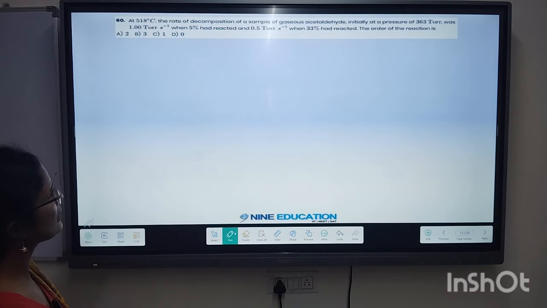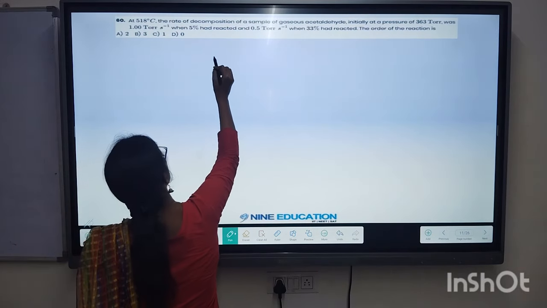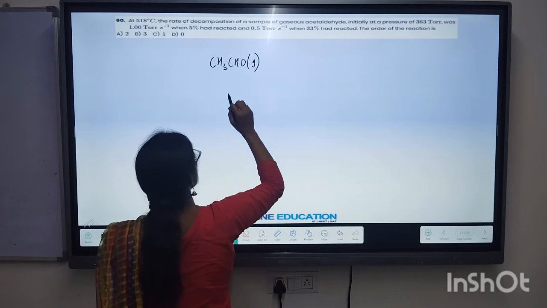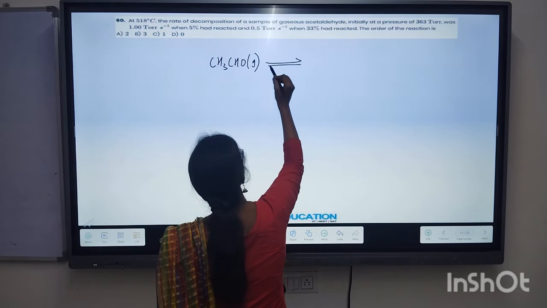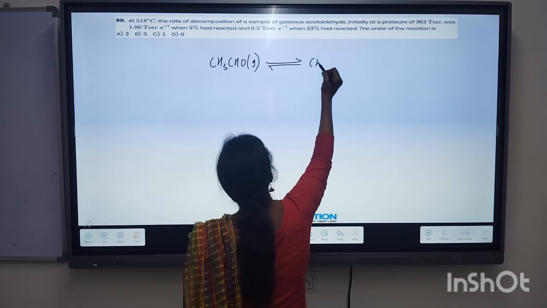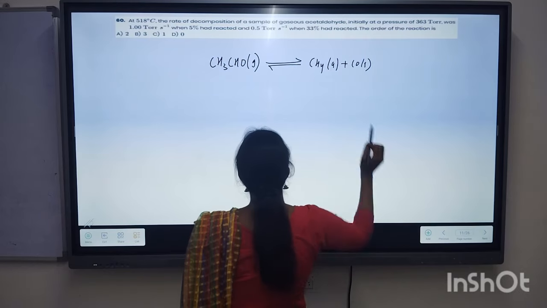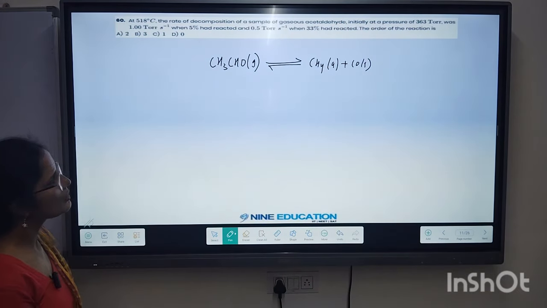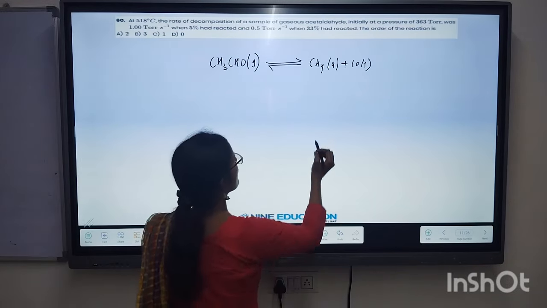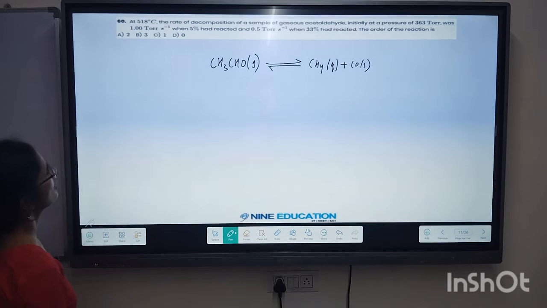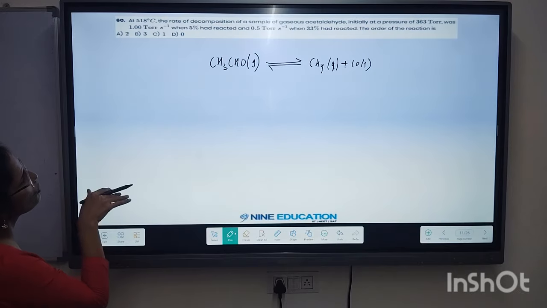One is when 5% had reacted and another rate when 33% had reacted. So acetaldehyde means we have CH3CHO gaseous, which will be dissociating into products CH4 gaseous plus CO gaseous. Okay, CH3CHO giving us CH4 plus CO. Now we need to talk about two rates.